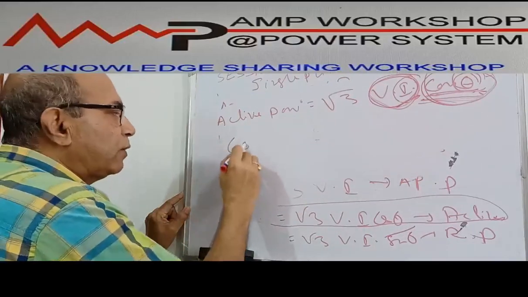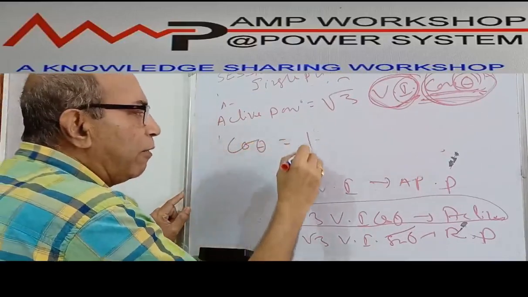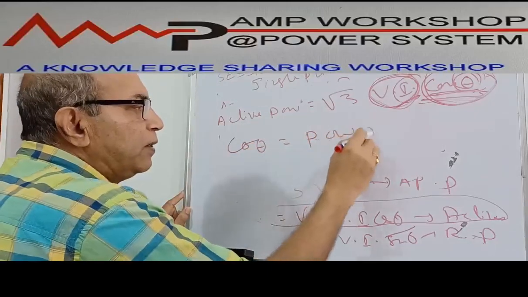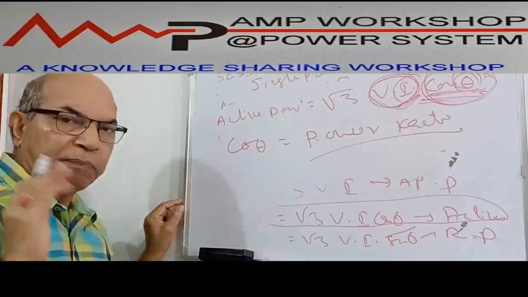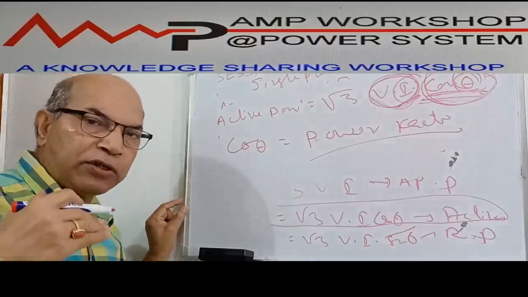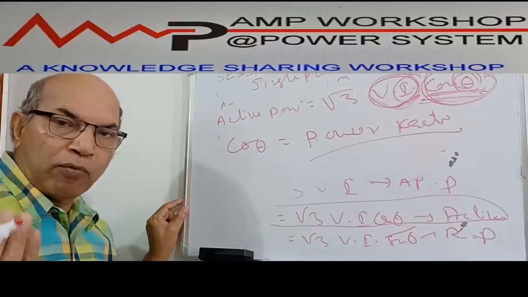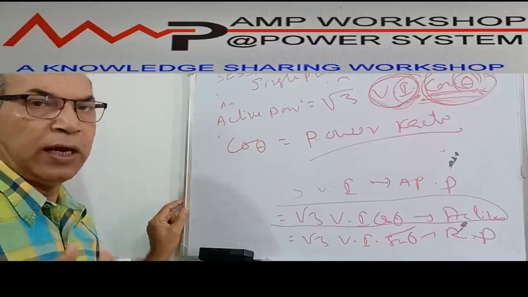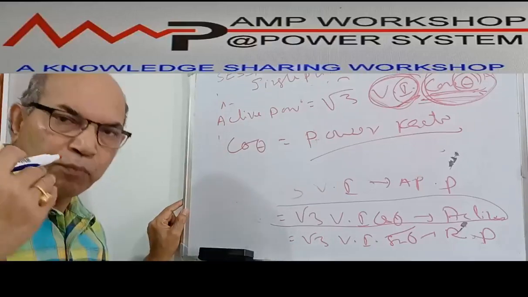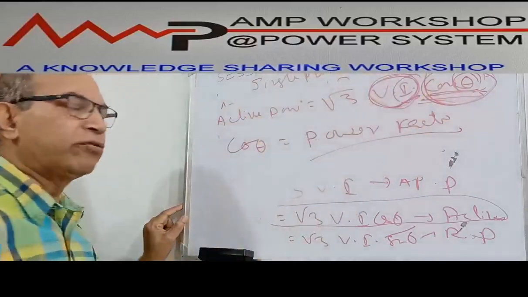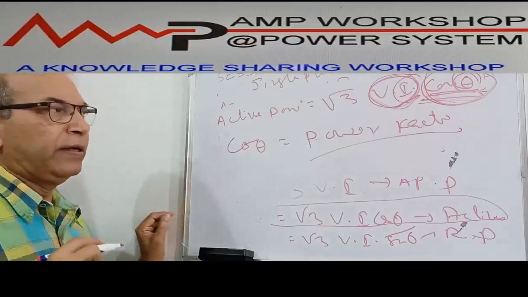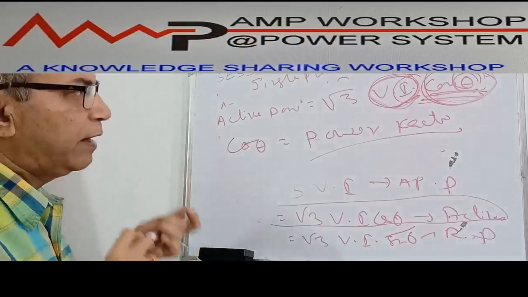This factor cos theta we call the power factor, because it decides how much power will flow in the circuit. Active power is the power which produces energy or does work, like rotating a pump or producing heat, and that is decided by this factor, the power factor, which has a great impact.